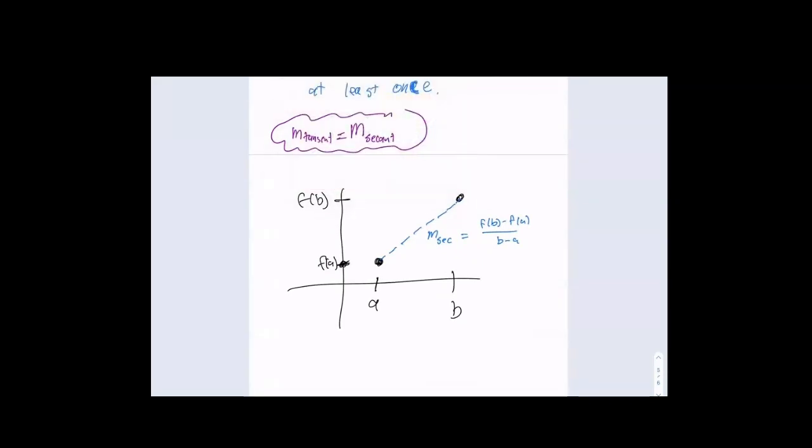Now, it doesn't matter how I graph it. It doesn't matter how I connect these two points. It goes up, it goes down, it goes up. It doesn't matter. I just connected these two points. Let's say that's what the function looks like.